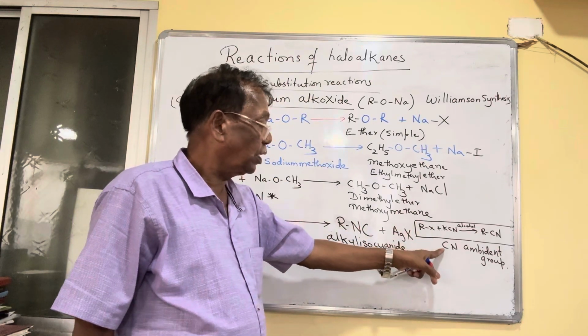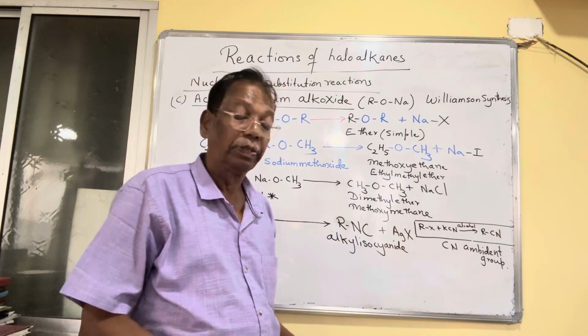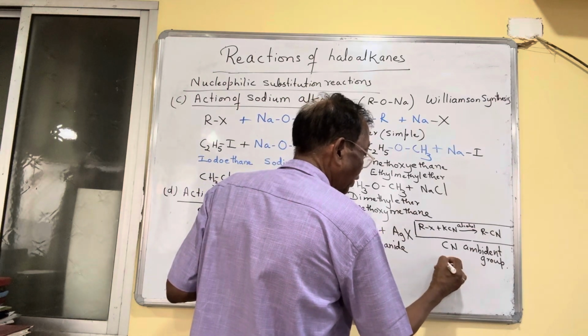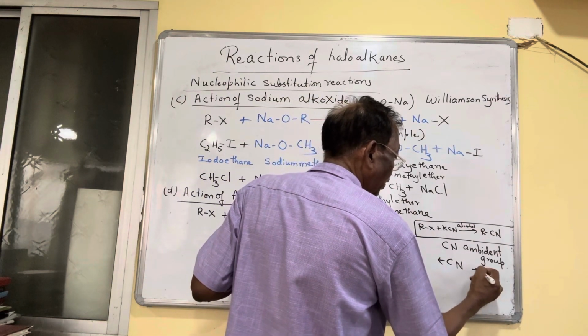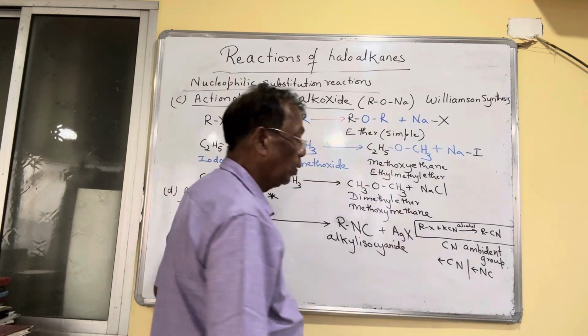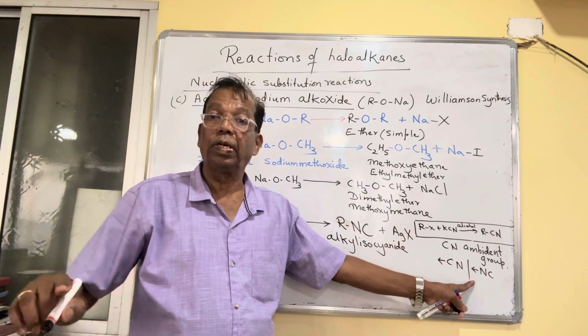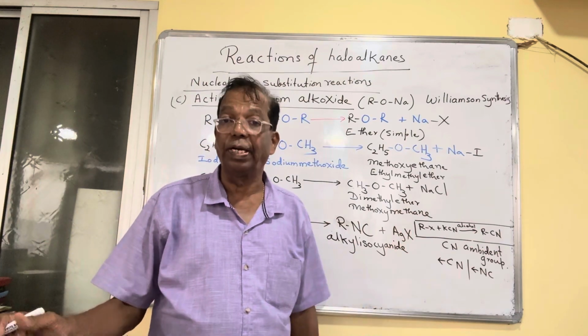So this linkage can take place either from carbon or from nitrogen. So please remember this. I will write it like this: linkage can be this way or linkage can be this way, either way. So if it is linkage to the nitrogen, it is called iso. And if it is linkage to the carbon, directly cyanide.